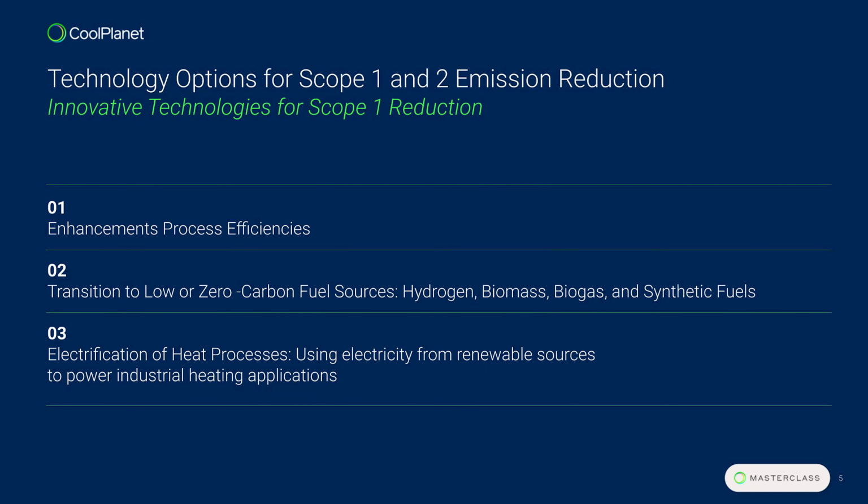Finally, I would say the electrification of heat processes is a huge innovative technology that is coming around in the next few years, as more and more we can see renewables getting integrated into the grid. We can see that by utilizing heat pumps, we can offset our carbon emissions by a huge factor.